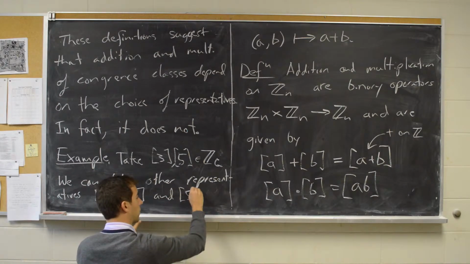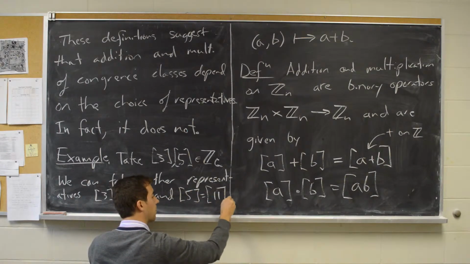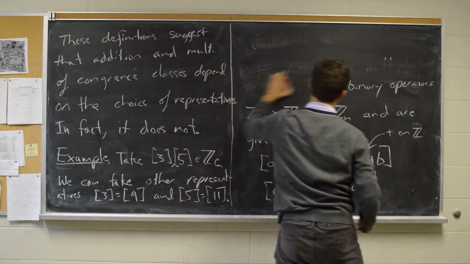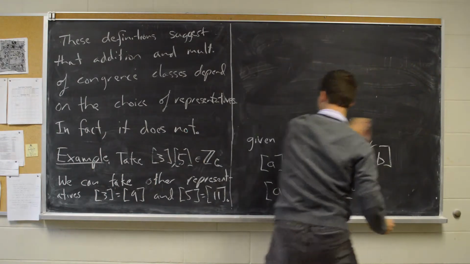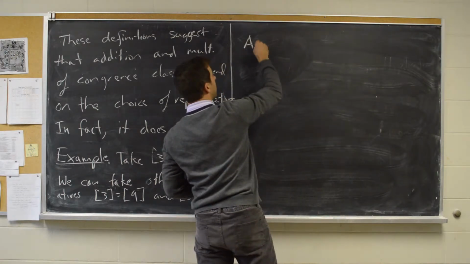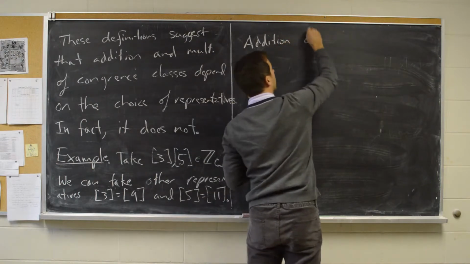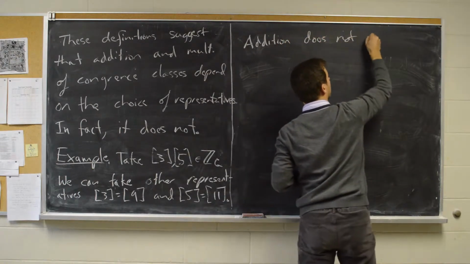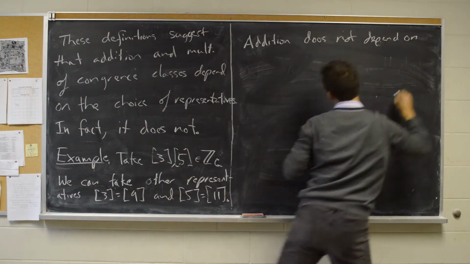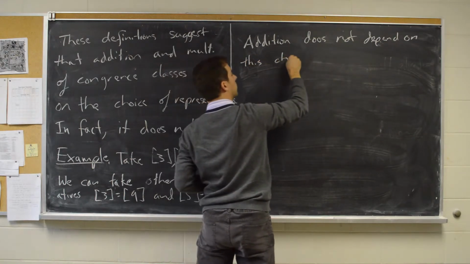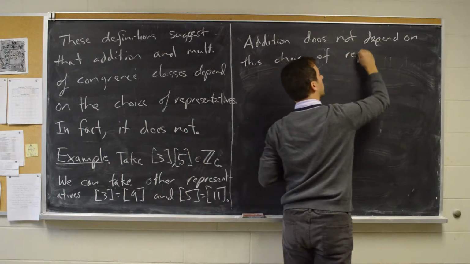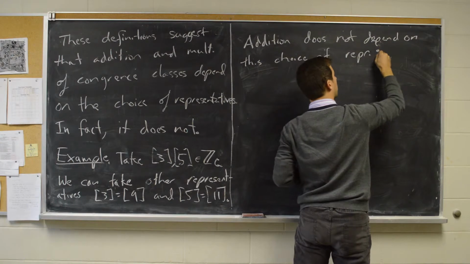And for 5 I can add 6 and get 11, there's another representative for that equivalence class. And so addition does not depend on this choice of representatives. So let me show you why.